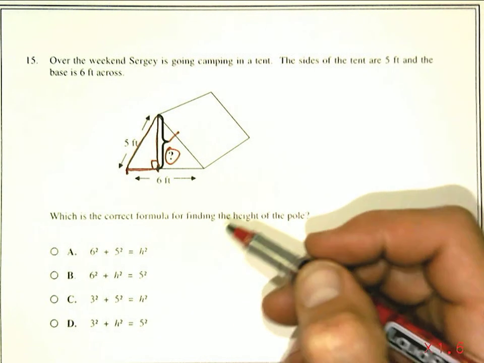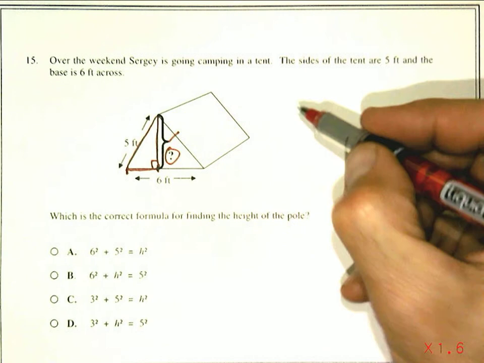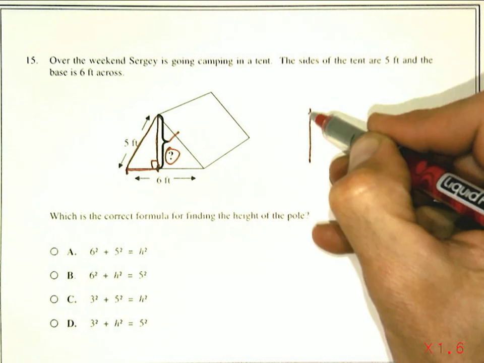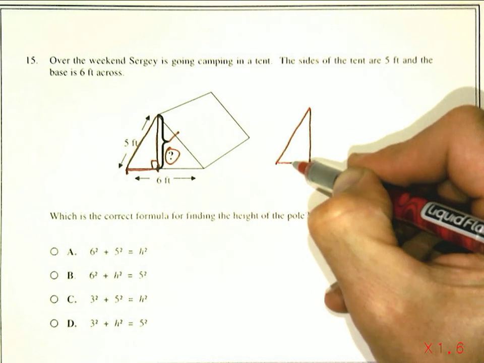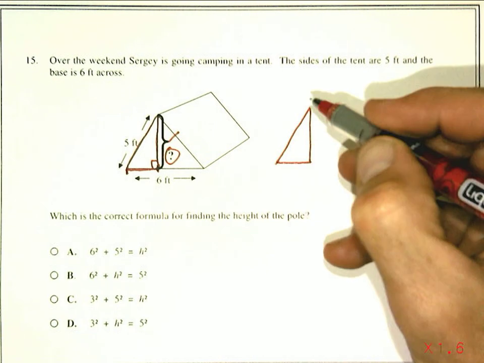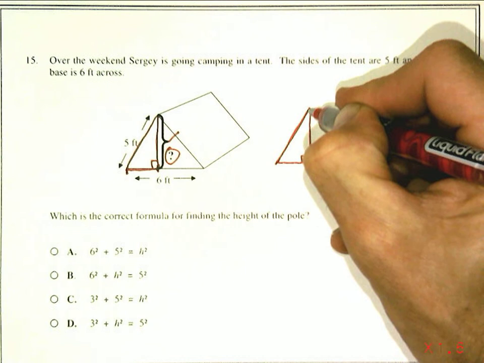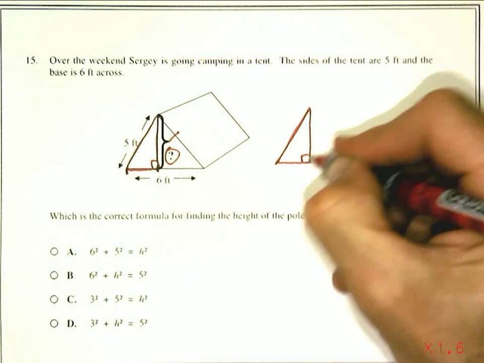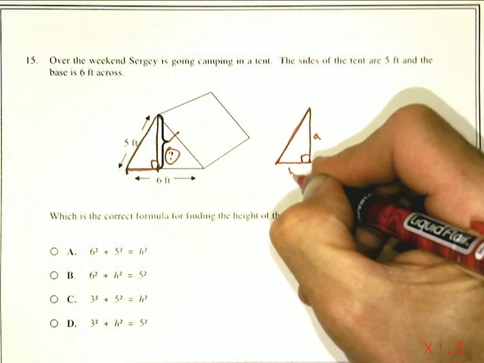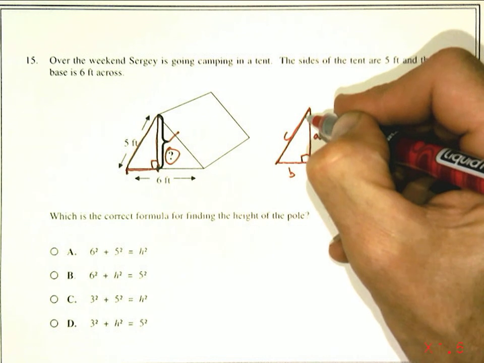or which formula is going to correctly give me that leg? And so you have to remember with the Pythagorean theorem, I'm actually going to draw this triangle off to the side. The hypotenuse is the long side of the triangle. And then you have the two legs, and I'm going to call this A and this B and this C. The hypotenuse again being the long side.